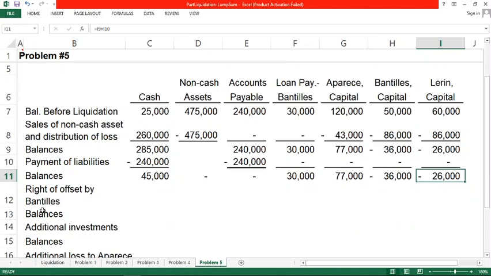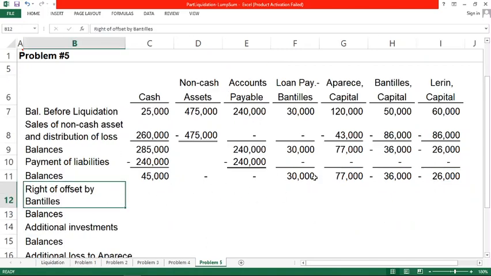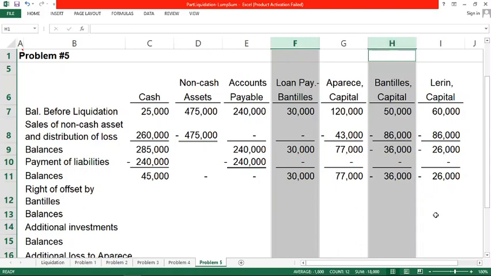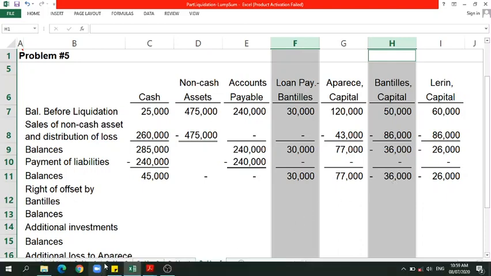Now, this time, ma'am, ano tong right of offset? Ganito yan. Si partnership may utang siyang 30,000 kay Bantillas. Now, if you could observe, Bantillas has a negative balance. Tama? So, sabi ni Bantillas, may negative ako. Kailangan kong mag-invest. Anyway, may pera pa naman ako.